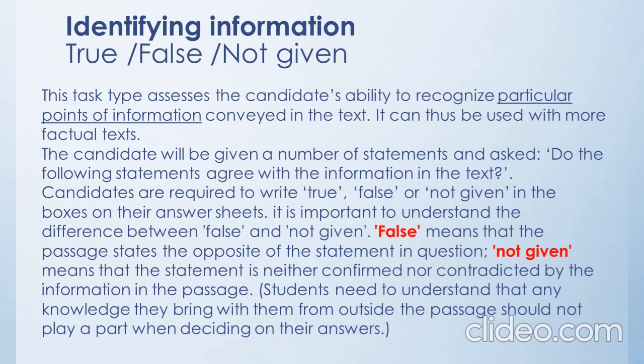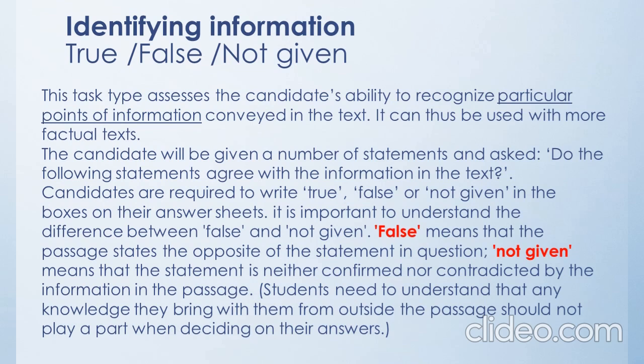By the way, in the next lesson, I'm going to tell you about the types of texts, and true, false, not given is mostly used in factual texts, which means texts which have facts. And you will be given a number of statements, for example 5 statements, and asked whether they agree with the information in the text. And you will be required to write true, false, or not given in the boxes on your answer sheets.